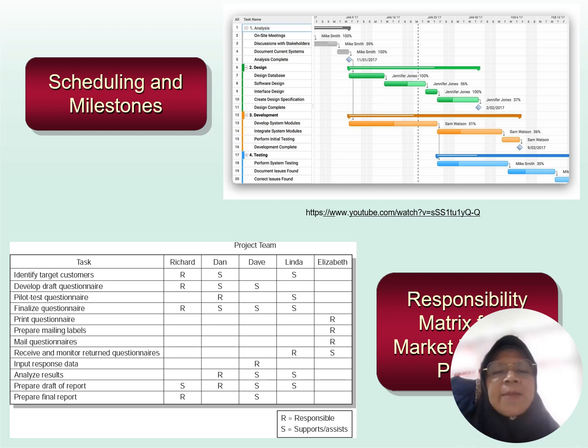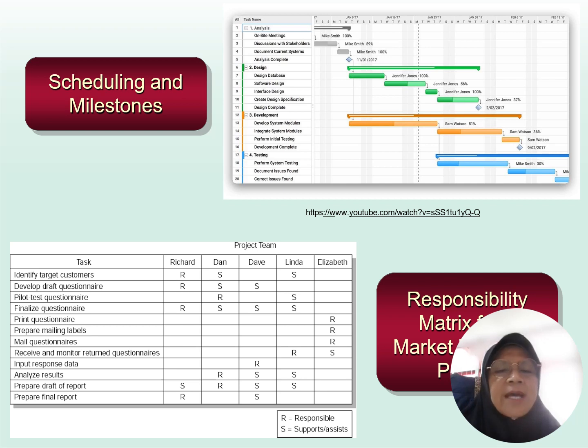Okay, this is an example of the association between scheduling milestones and the responsibility matrix. On top here we have the schedule or Gantt chart of a project, and associated with that must be the responsibility matrix, where we have a project team.